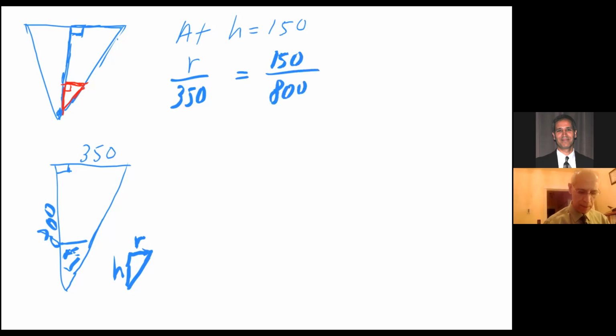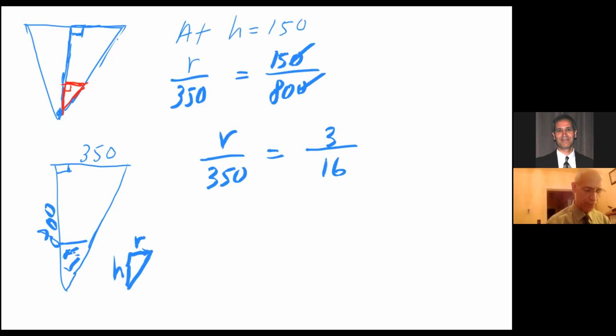Dropping the zeros, I have R over 350 equals 15 divided by 5 gives me 3, 80 divided by 5 gives me 16.